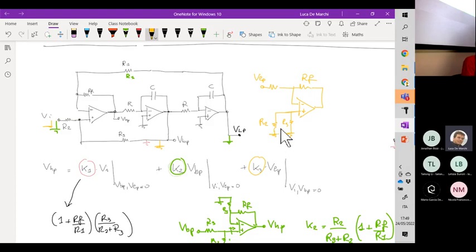So with an input like this, V plus gets equal to 0. And VHP is just given by minus RF over R1 times VLP. So minus RF over R1 is K3.